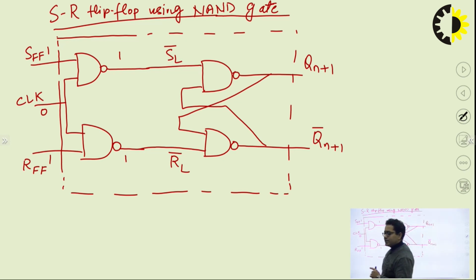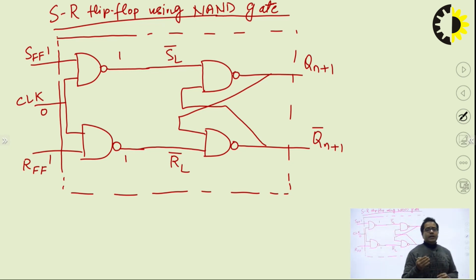So whenever you are providing a 1 input, your SR latch is designed in such a way that it will not respond, because this is active low. When it is active low, it is going to respond only when it is seeing a 0.